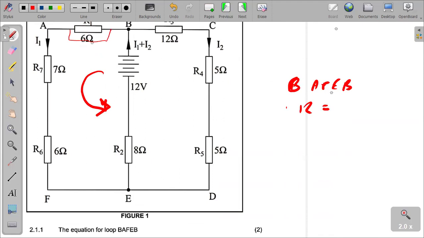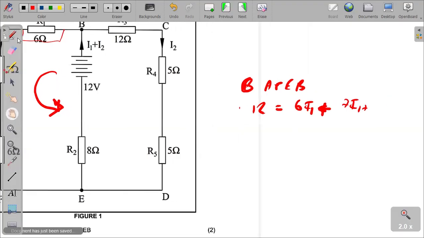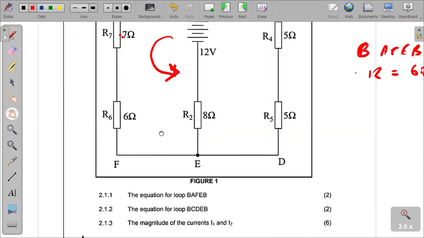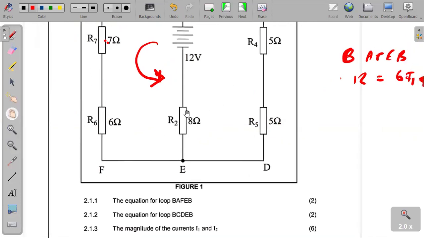The current flowing through this branch is I1, so I1 times 6, that's 6I1, plus 7 times I1, which is 7I1, plus 6I1 as well, plus 6I1, and plus we have the 8 ohm resistor here.